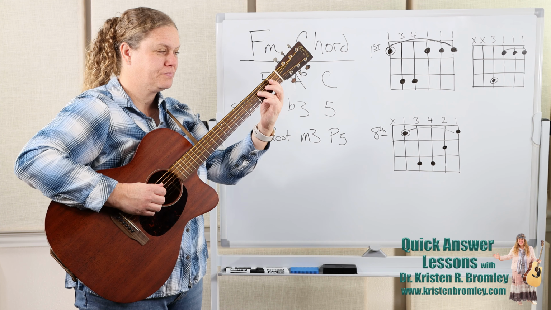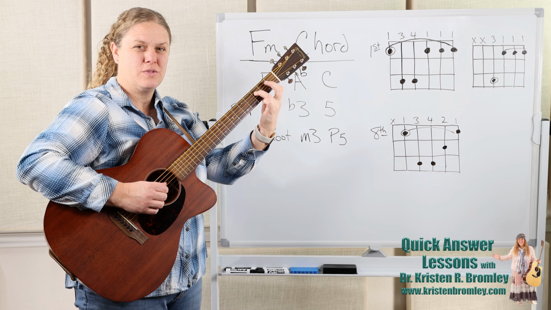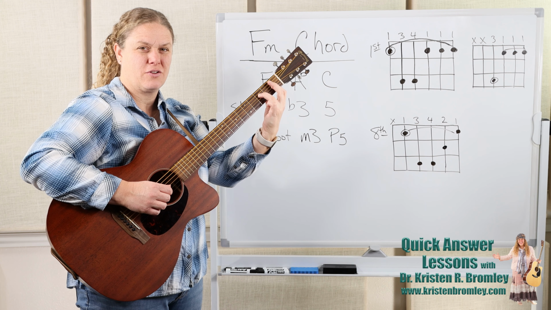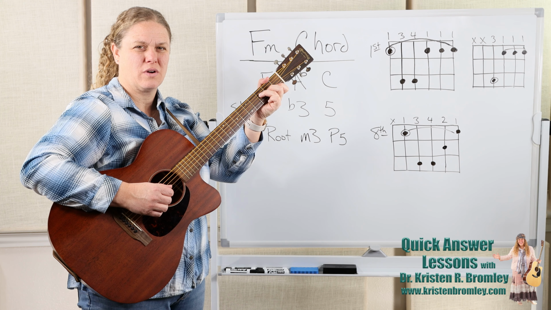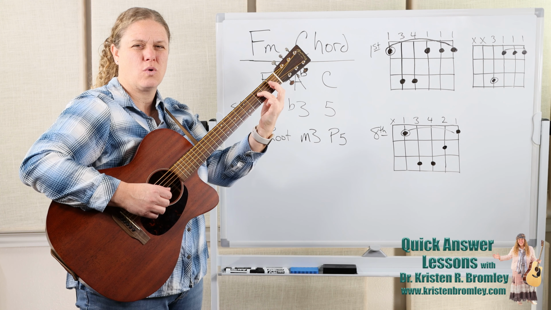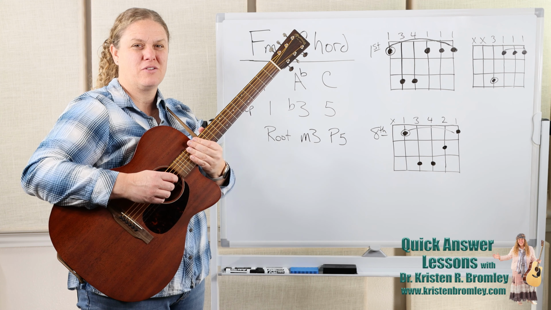So F minor, F, A flat, and C: root, minor third, perfect fifth. If it was an A natural, we would have an F major chord. That change between the major third and minor third intervals is what gives us the minor versus major sound.